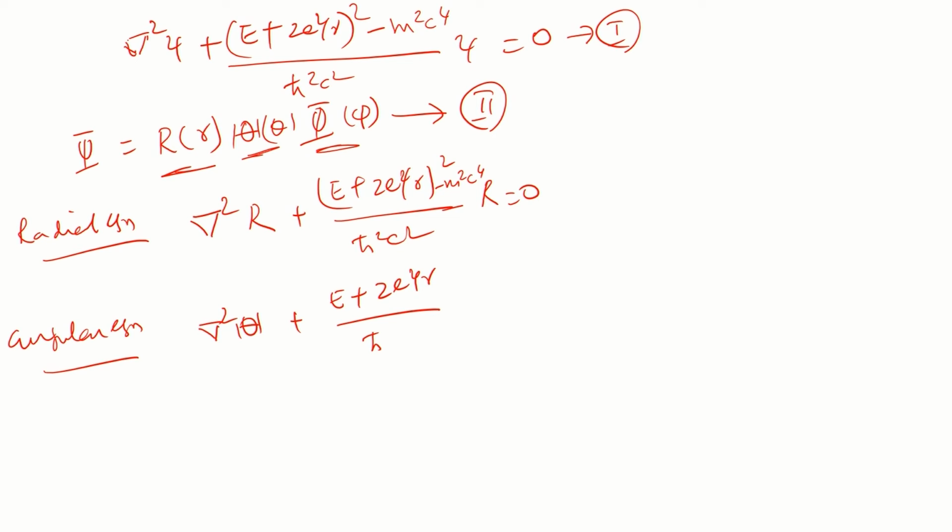This is also there: Z square by r whole square minus m square c power 4 by h cross square, c square into theta.